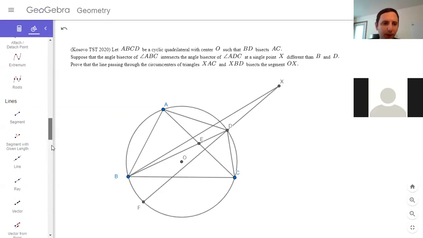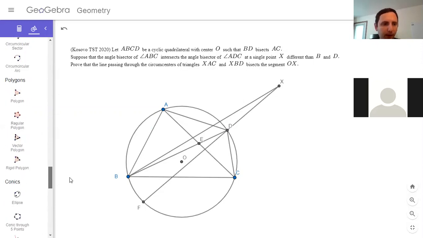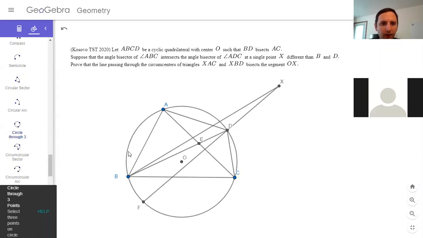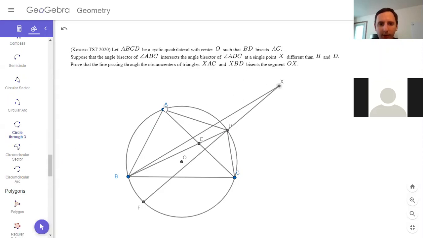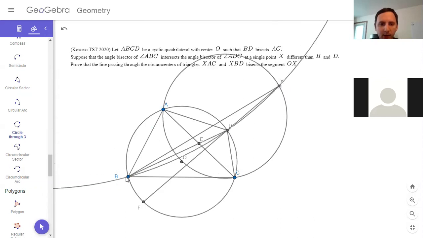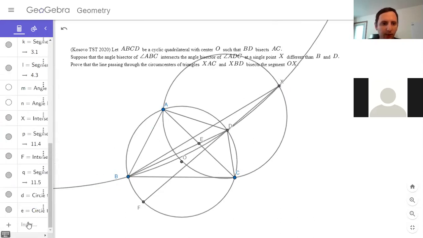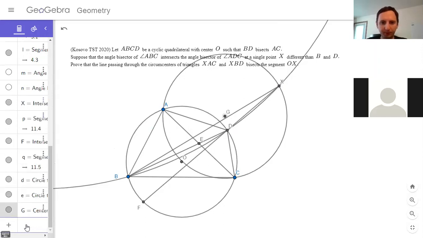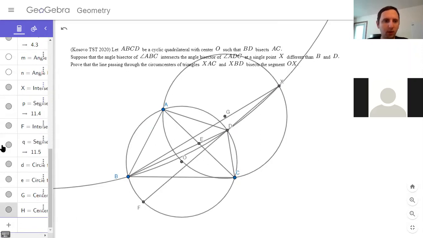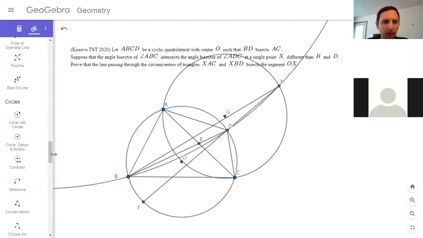This is a little bit of a tricky picture. I'm going to try to make it a little nicer again. So we have XAC and XBD. I'm going to draw the centers of those two. Now let's make things look a little better.